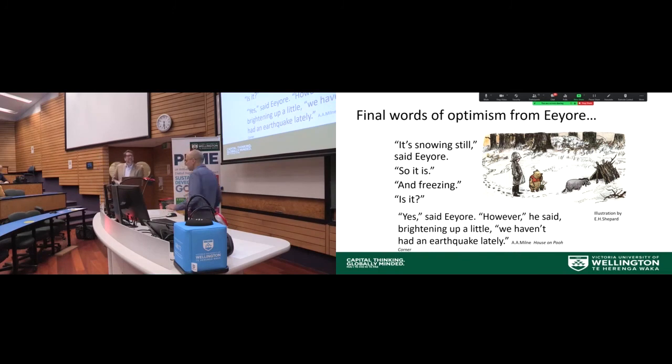So if you look at the economic estimates of the cost of climate change, they typically ignore or almost completely ignore the cost of extreme events. They just look at what will be the impact of the change in the average temperature or the impact of sea level rise.